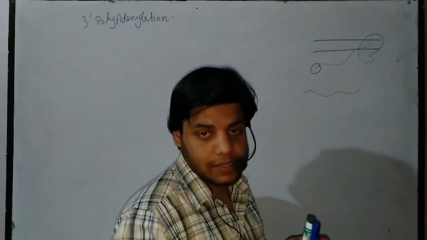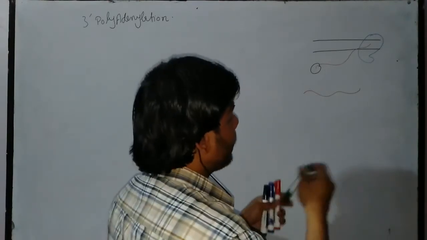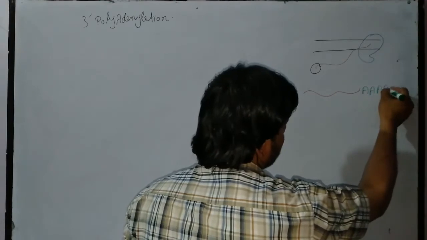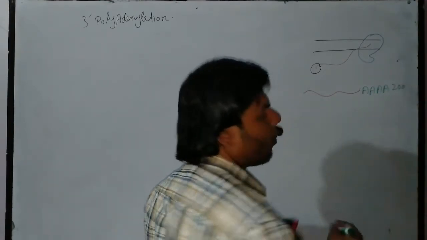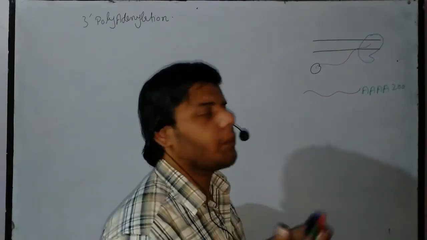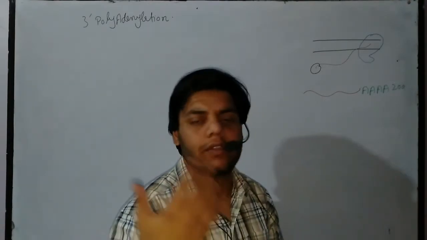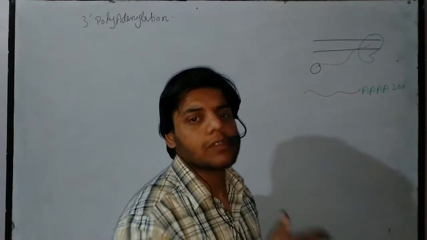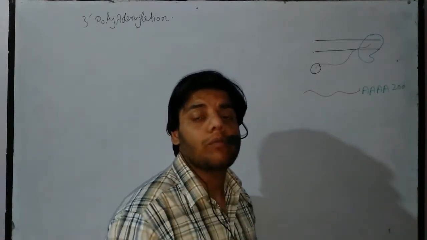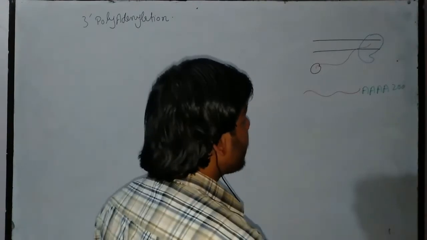Then the polymerase enzyme will keep adding adenine, 200 or 250 adenines. It depends upon the microorganism: in some we have 200, in some 150, in some 250.